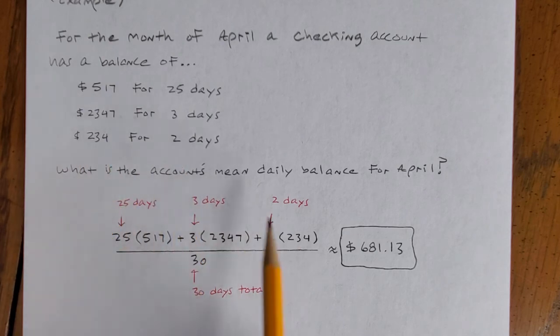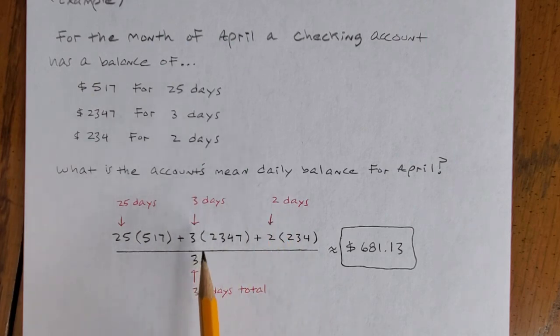And then there were 2 234s, that's this. How many numbers total would that be? 25, 26, 27, 28, 29, 30. There were 30 numbers total. If you do all that with some rounding to the nearest penny, I'll get $681.13. So that's kind of like the first example and kind of like the weighted example too.